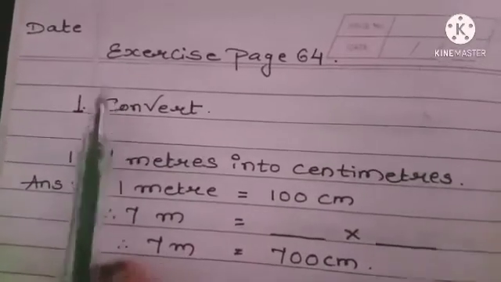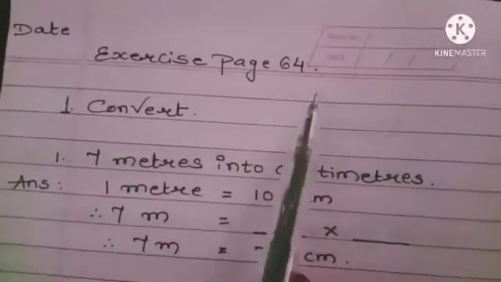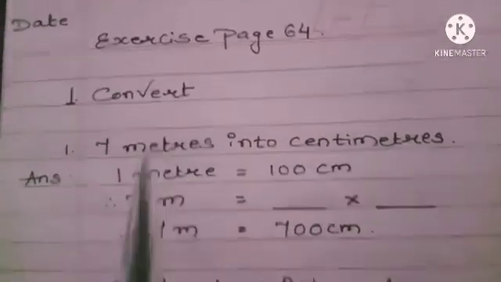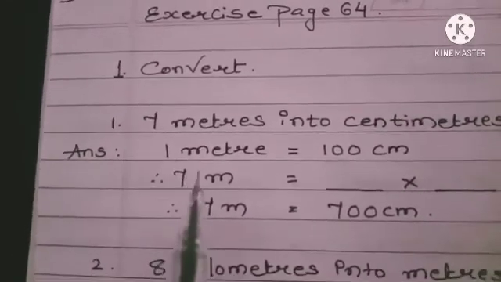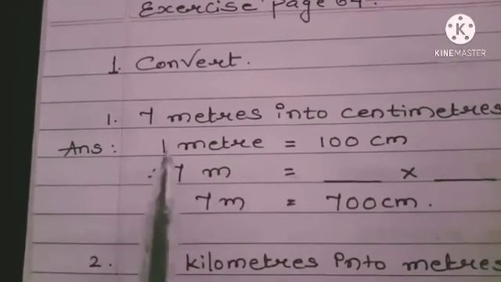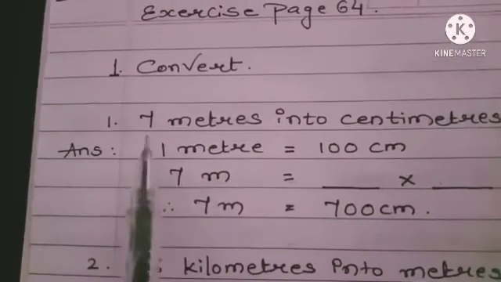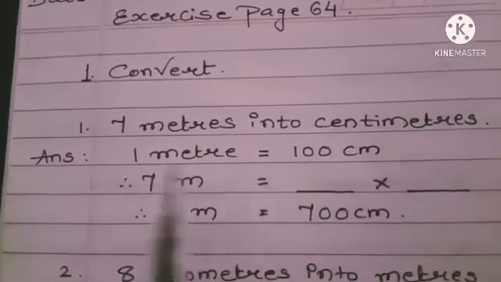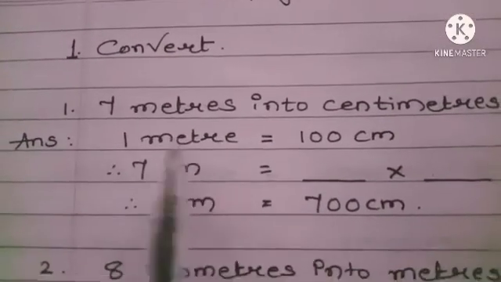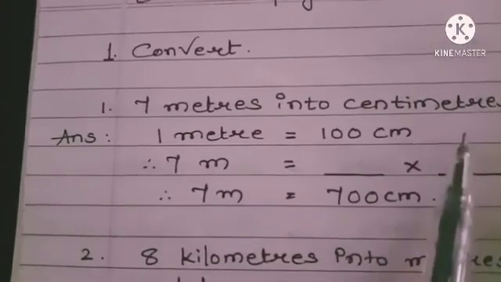Now we are going to solve the exercise on page number 64. First question is convert. So here given different types of units and we have to convert that units. So see, the first question is given 7 meters into centimeters. So we have to convert the 7 meters into centimeters.